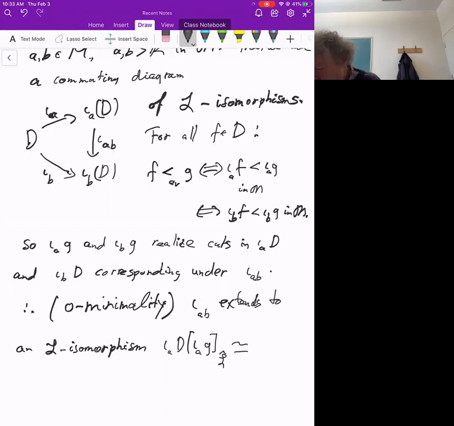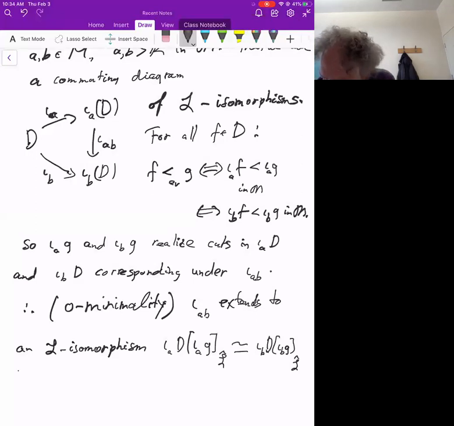We basically take the model that iota a g generates over iota a D in the ambient model M. Iota b D, L hat.